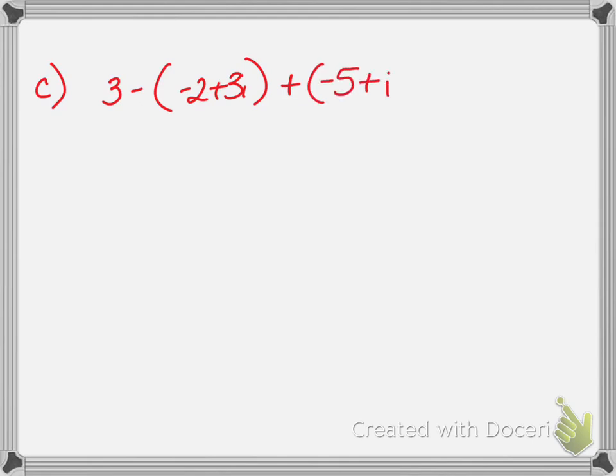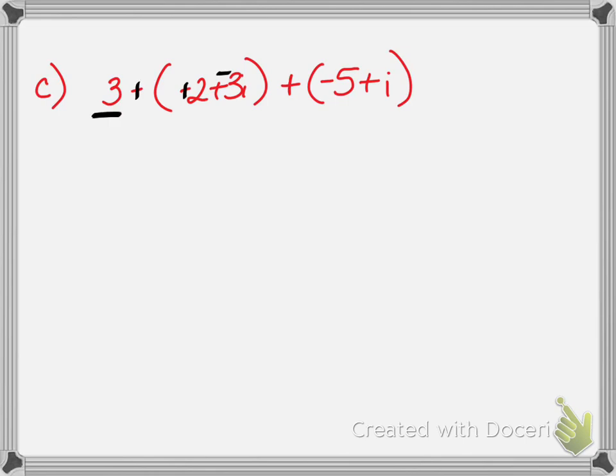C part, last one of these. What if we have (3) minus (negative 2 plus 3i) plus (negative 5 plus i)? Three complex numbers. We're going to add and subtract them. I do like to change the subtraction signs just so I don't have to keep up with it, and I'm just combining like terms.